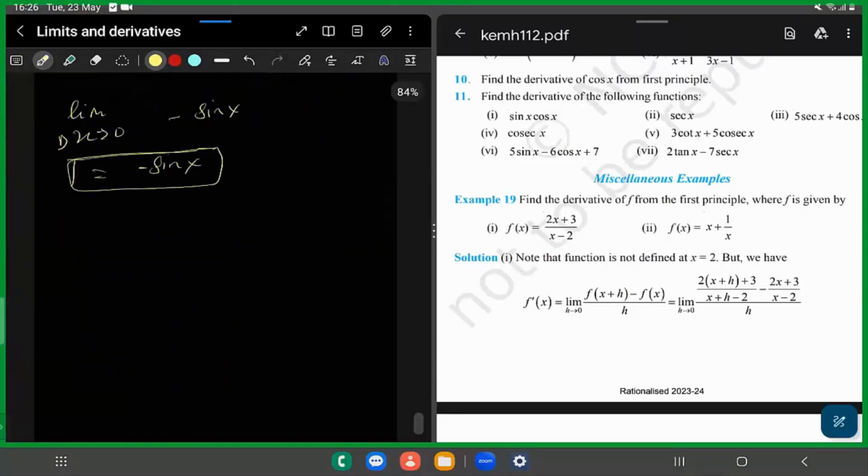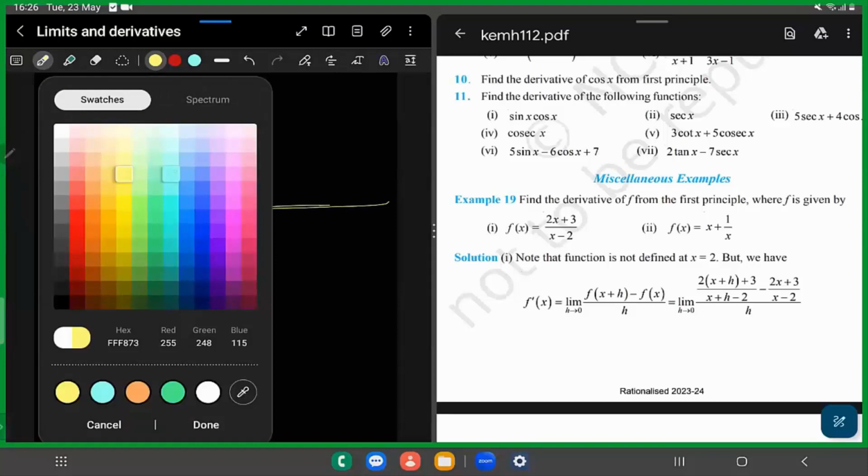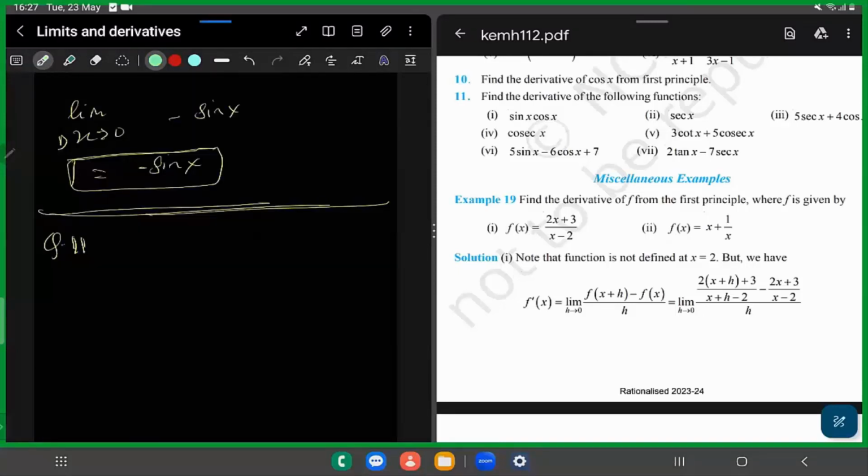So if we try to solve our question number 11, it basically involves solving questions based on trigonometric formulas. Whatever we have derived by this point, we just have to apply the principle of trigonometric derivatives. Let's say we take the first question, that is sin x into cos x.